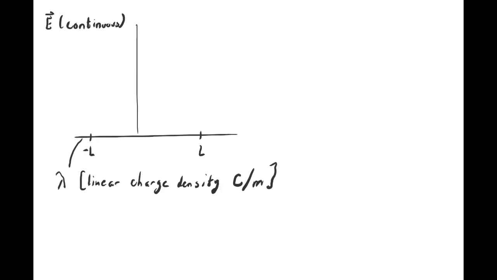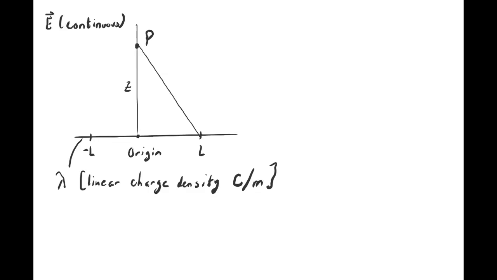And what I wanted to do in this problem was calculate the electric field at some point P, which was a distance z from the origin. So this is a problem that we have done.